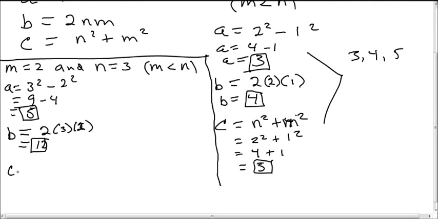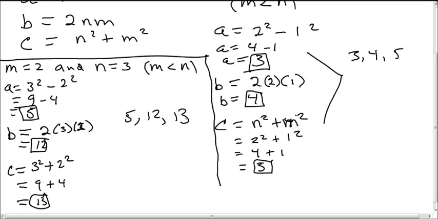Here c is going to be n squared, so 3 squared, and actually that's plus 2 squared. So that's going to give us 9 plus 4, and that equals 13. So my second triple that I've just created will be 5, 12, and 13.